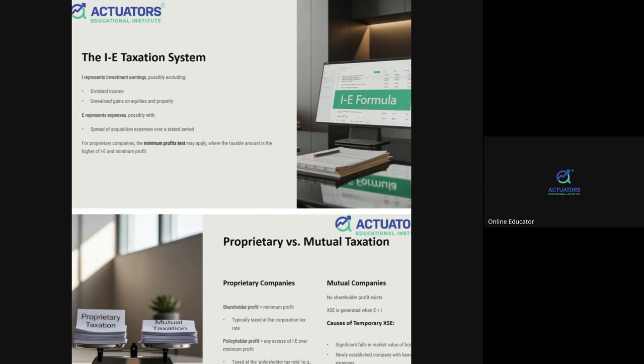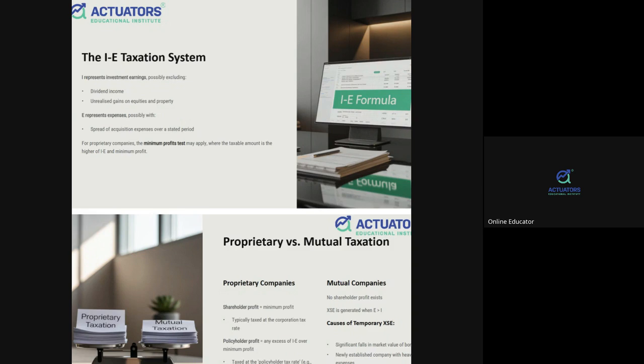Now, why do you think that company will enter into an excess E scenario? Let's try to think about the components of excess E. It's I minus E, right? So if there's a very low I, there's a very high E because of some reason. Because say the investment returns are much lower, even negative investment returns.